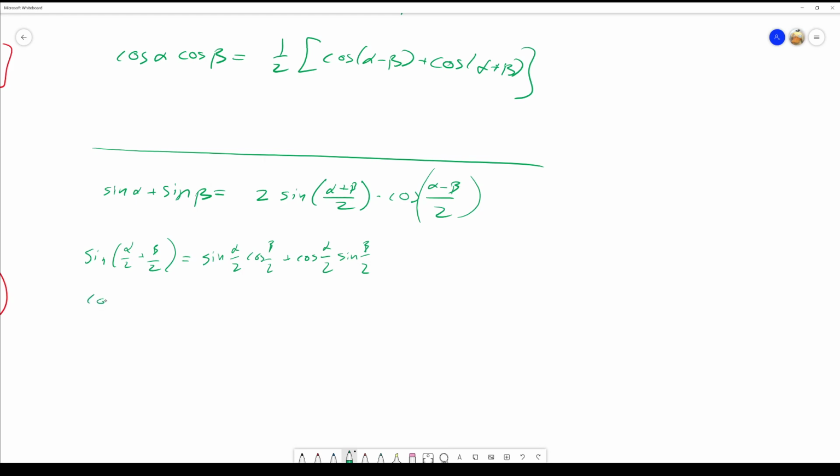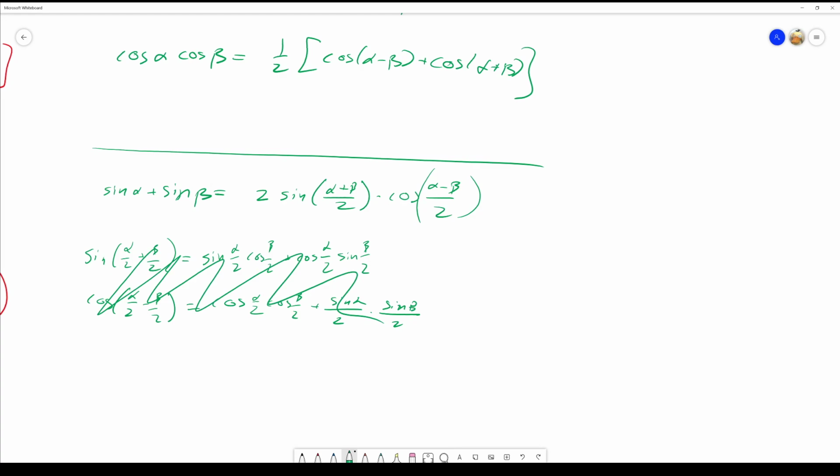And the cosine of alpha over 2 minus beta over 2 is cosine alpha over 2 cosine beta over 2 plus sine alpha over 2 times the sine of beta over 2. And you could multiply that out, but that's going to be really ugly. So let's take a different approach.